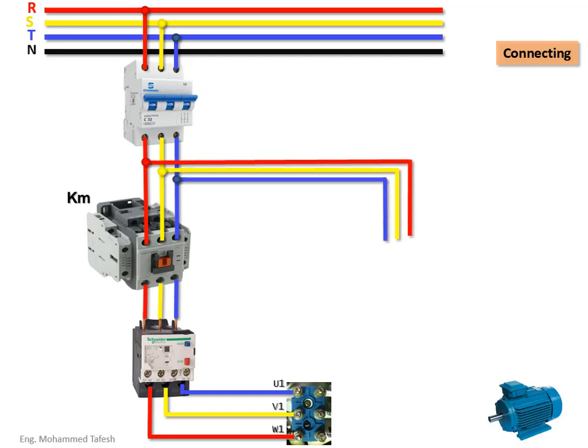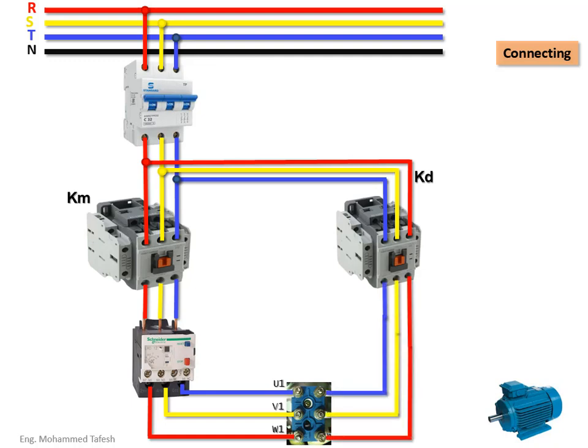We take 3 points from the 3 phases to the contactor that works to connect the motor in the delta connection, and then we take other points to another contactor that works to connect the motor in the star connection in this way.